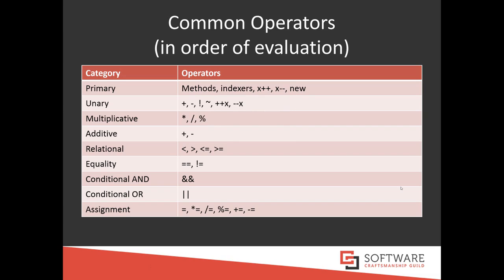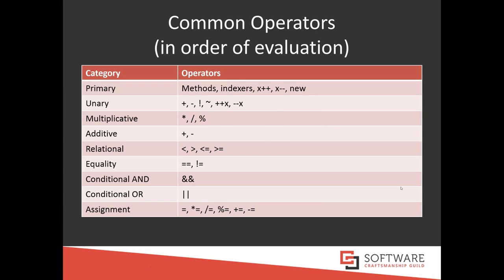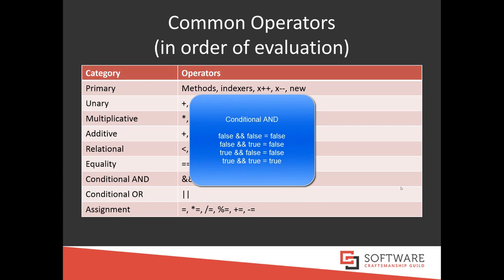When we have multiple expressions, we can use the conditional and or the conditional or to chain them together. So we could say something, if 3 is greater than 5 and 4 is greater than 6. That would be false and false, which would return false. In a conditional and, both sides of the expression must be true for the and to return true.